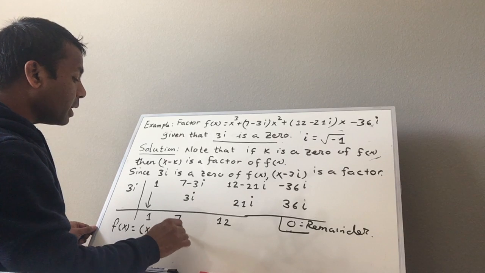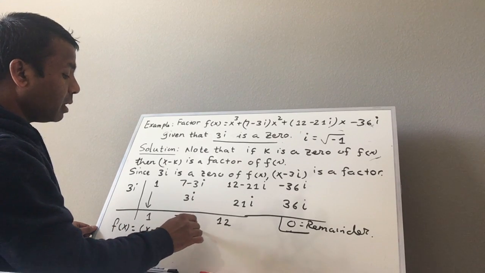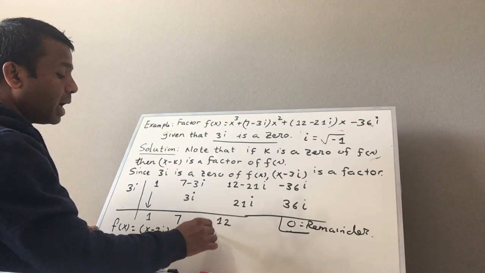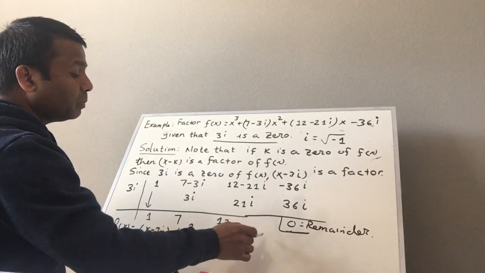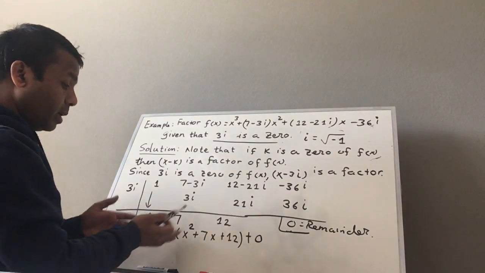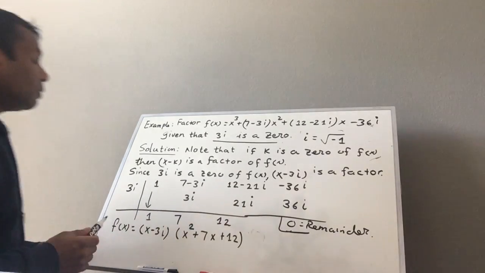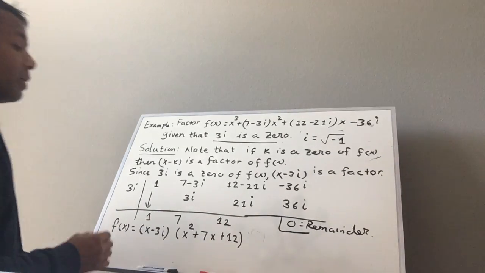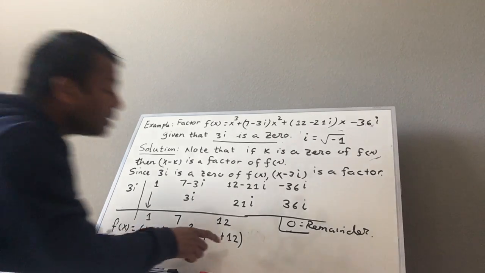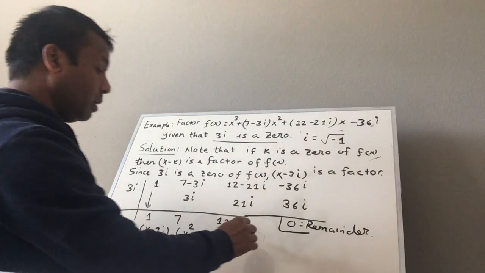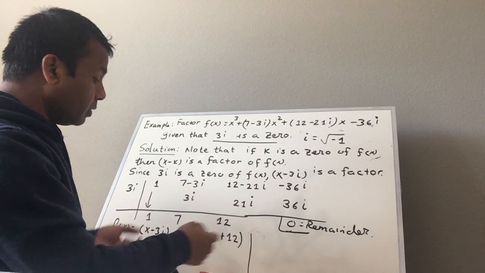So this 1 is going to be the coefficient of x squared, this 7 is going to be the coefficient of x, and this constant term is 12, plus remainder, which is 0. When we add 0, it does not make any difference, so you can delete that. So now this is x minus 3i times x squared plus 7x plus 12. And this is the quadratic polynomial. You can factor this. It's pretty easy to factor this.